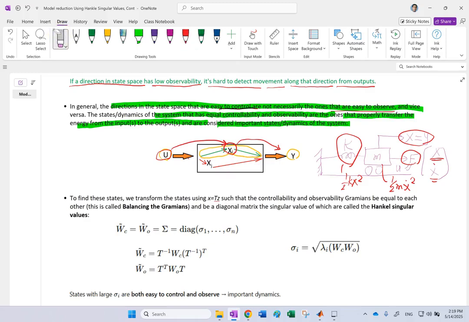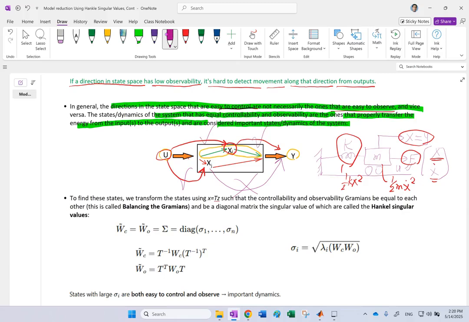But on the other hand, if a state very easily absorbs the energy from the input and changes, but it very hardly gives that energy back to the output, it's not observable in the output. Then this is like a good bridge, but this is like a bad one. So you get it half of the way in, but the other half you cannot pass the energy.